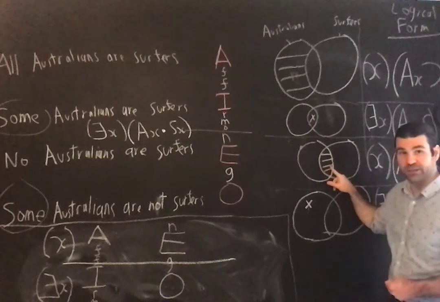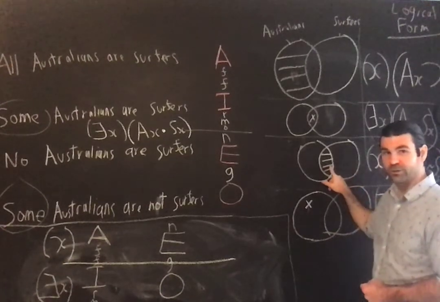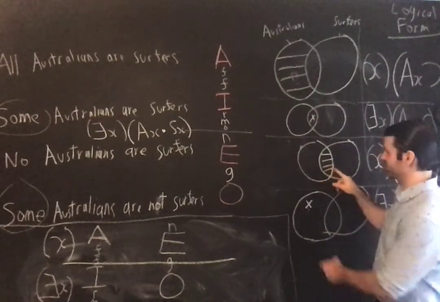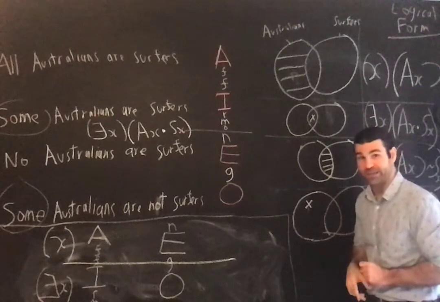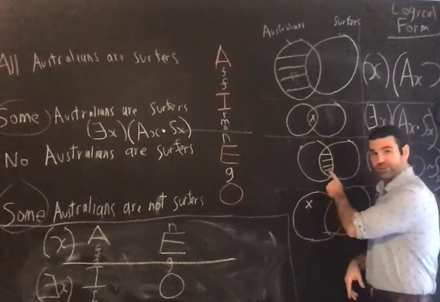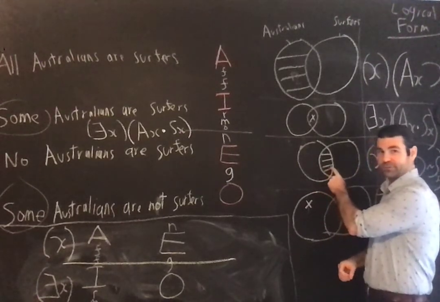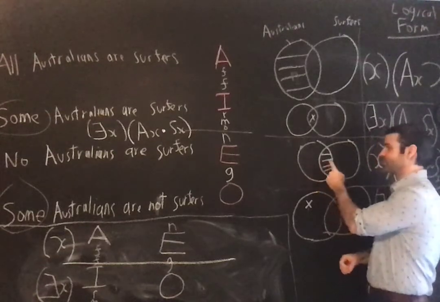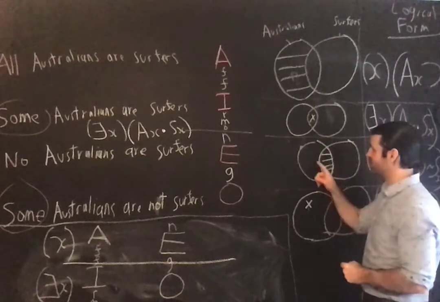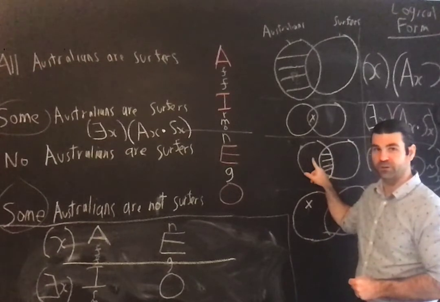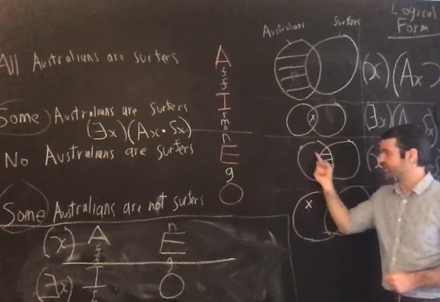There are none in here, right? No Australians are surfers means if there are any Australians, you're not going to find any there. If no Australians are surfers, none amongst the Australians are included amongst the surfers. So any Australians go in here. If there are any Australians, they'll be in this section.